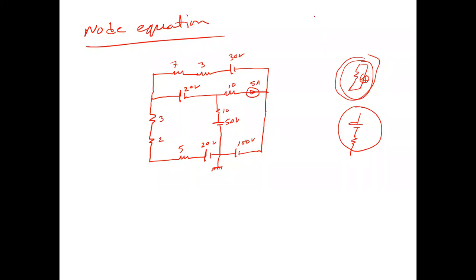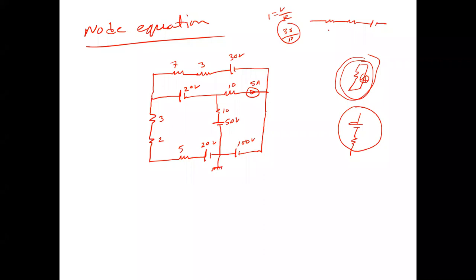Suppose this 7 and 3, and this voltage, so we need the source conversion. The resistance is 10 and the voltage is 30, so I is equal to V by R, which is 30 by 10, so our current is 3.